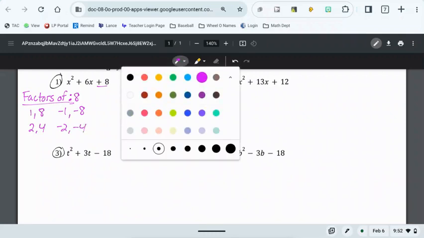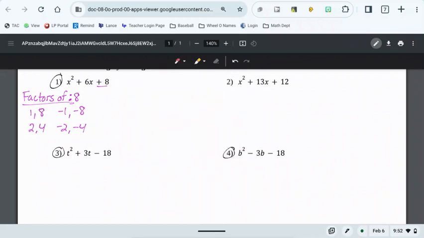Okay, the next thing we want to do is we want to see which of those factors are going to add to b, which in this case is +6. So we have 1 plus 8 equals 9. 2 plus 4 equals 6.